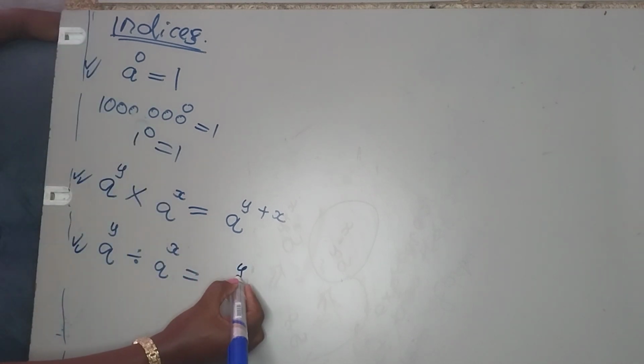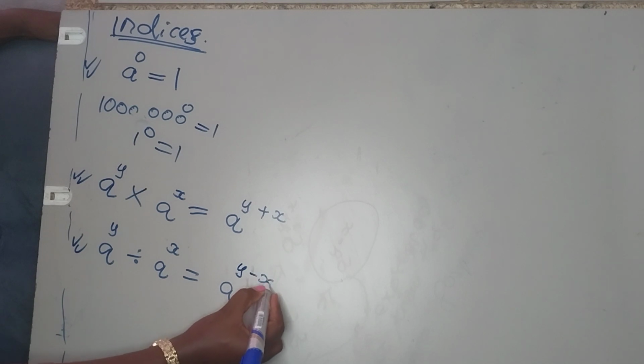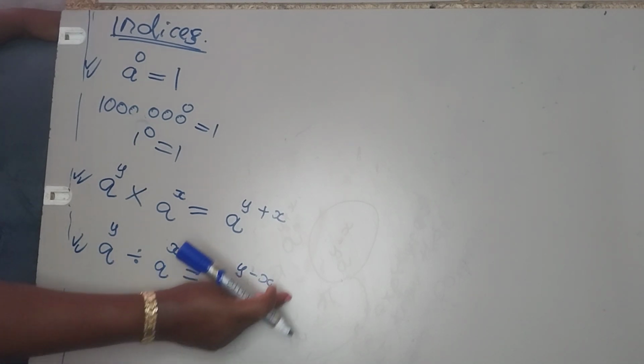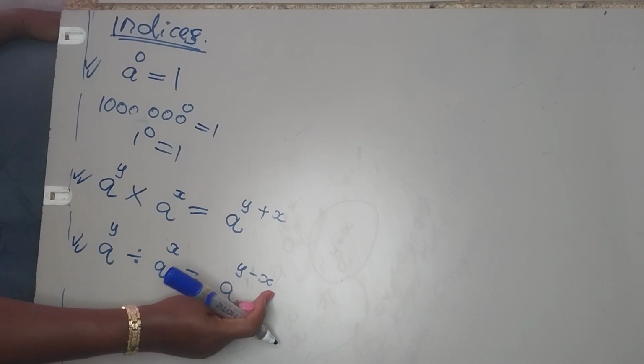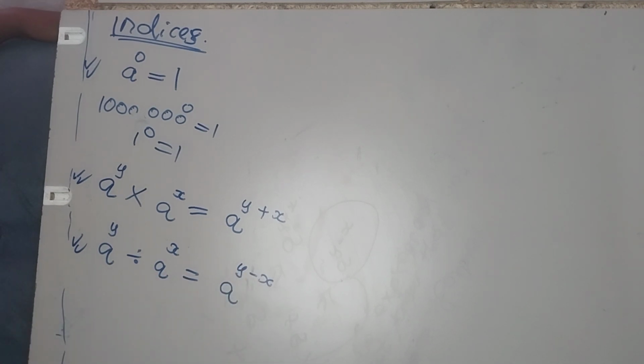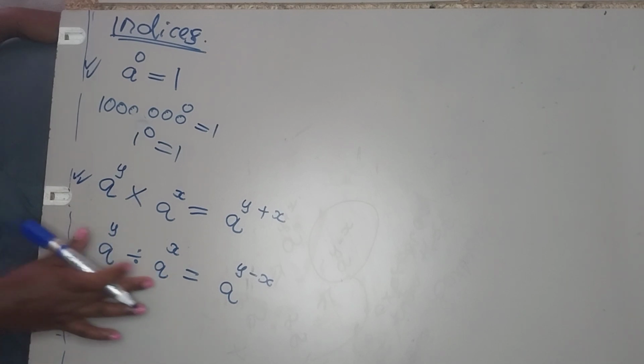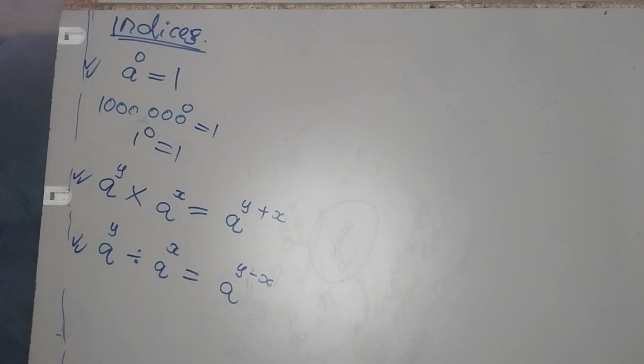Pick the first power, which is Y, subtract the next power, which is X. So when you come across a question with a number raised to two different powers separated by a negative sign, it means that this originated from what we have written first here. But the addition and the subtraction of the powers only applies to numbers with the same base.